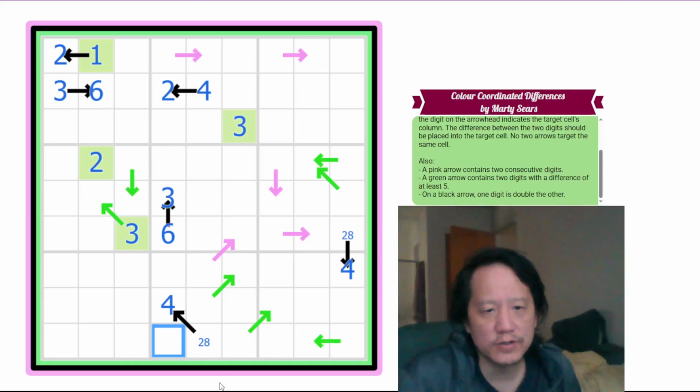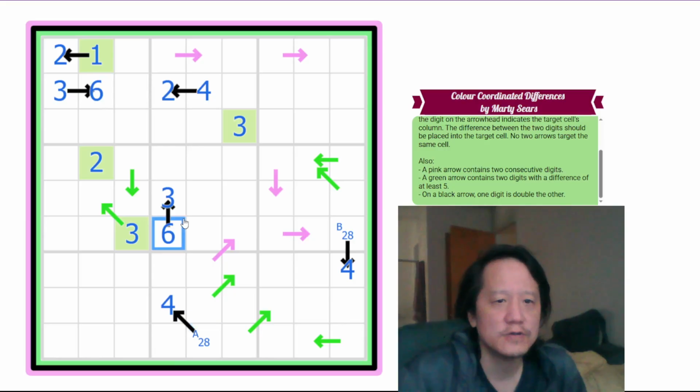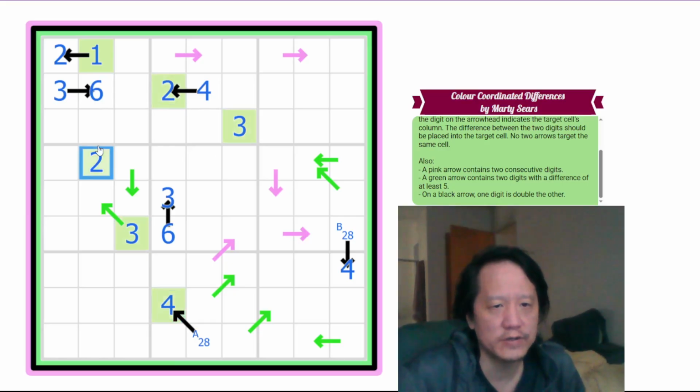So we're going to mark this as A and B. So they have to be different ones. So 2 pointing to 4 would be here, and 8 pointing to 4 is here. So those are all satisfied.